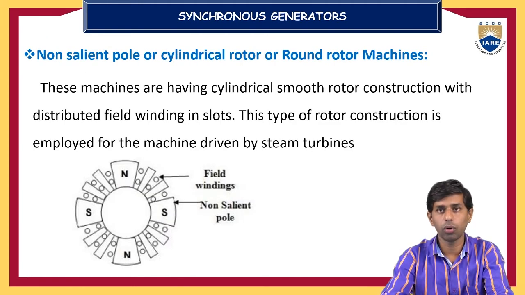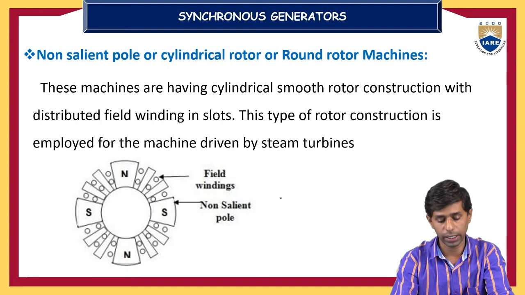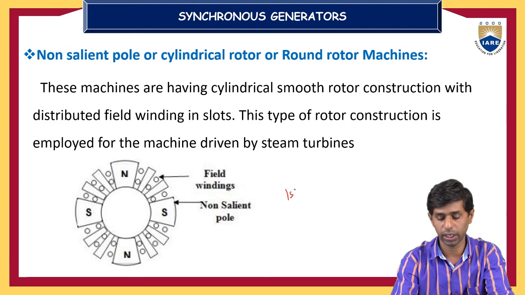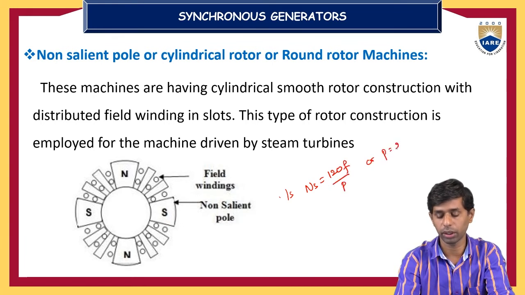In non-salient pole, cylindrical rotor or round rotor machines, the number of poles is generally limited to either 2 or 4, so it is applicable for high speeds, generally in steam turbines, in steam power plants, where ns equals 120 f by p, and p equals either 2 or 4.